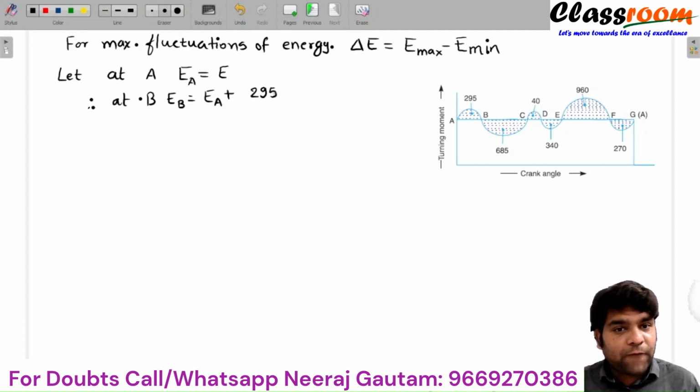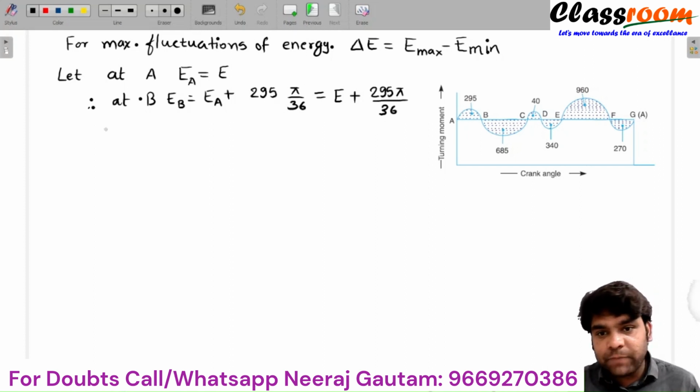So 295 mm square area represents 295 into pi by 36 Newton meter of energy. In place of EA, I will write its value, which I assumed here as E. So this energy is E plus 295 pi by 36.